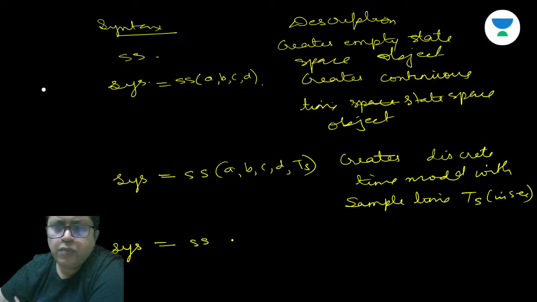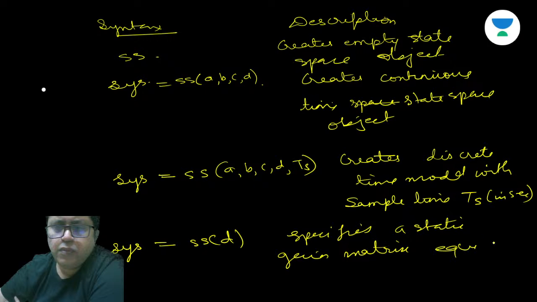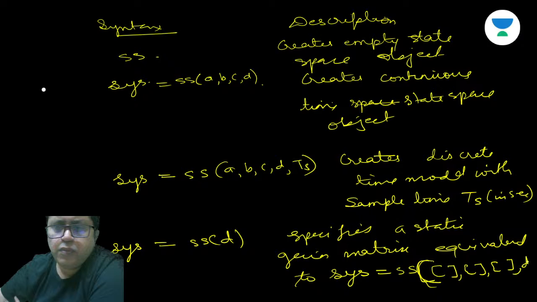sys = SS(D) specifies a static gain matrix, equivalent to sys = SS(empty, empty, empty, D).